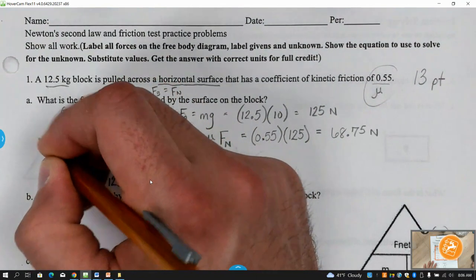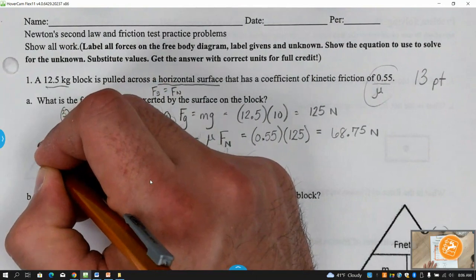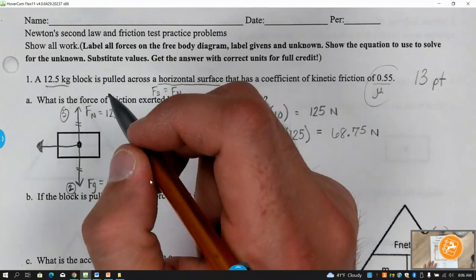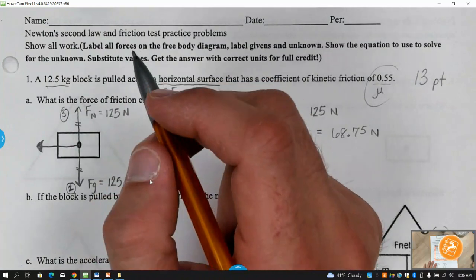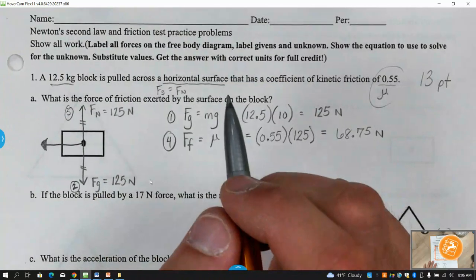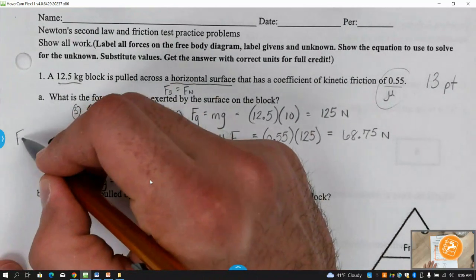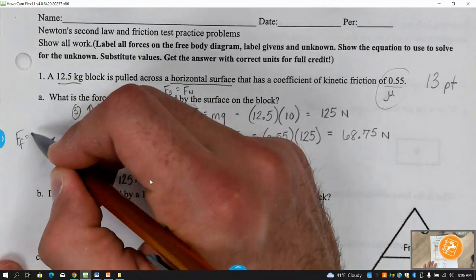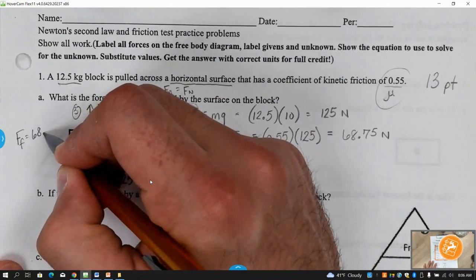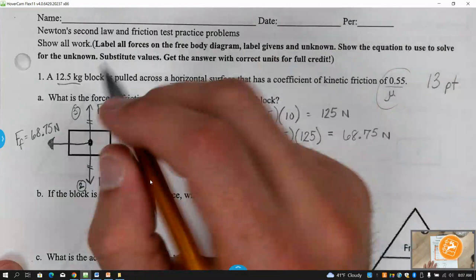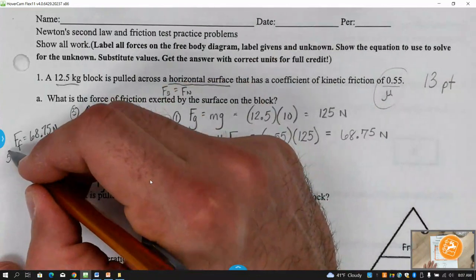So I'm going to draw friction force to the left. All right, so Ff is equal to 68.75 newtons. That would be my step 5.